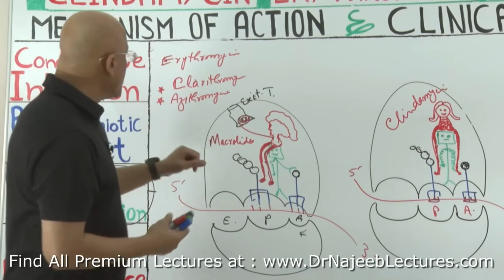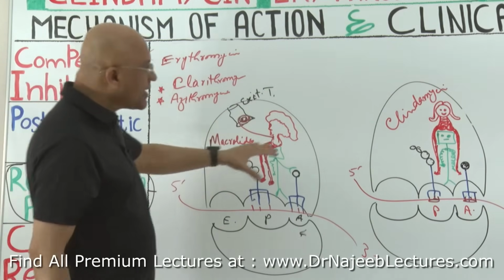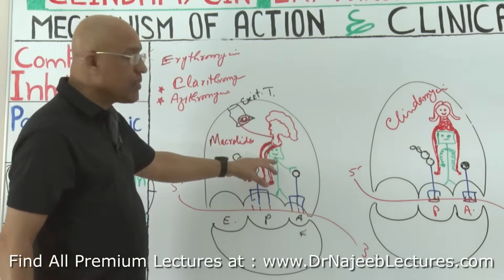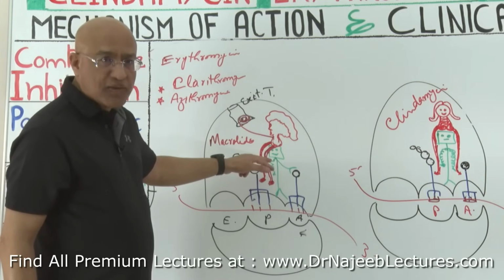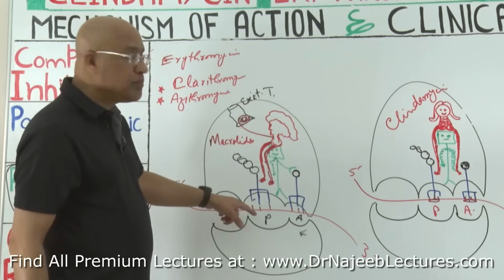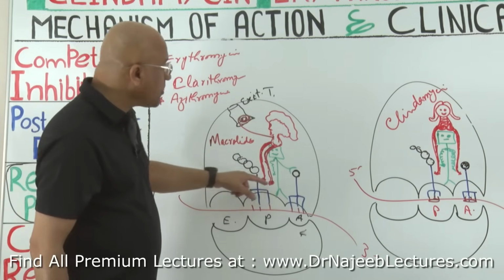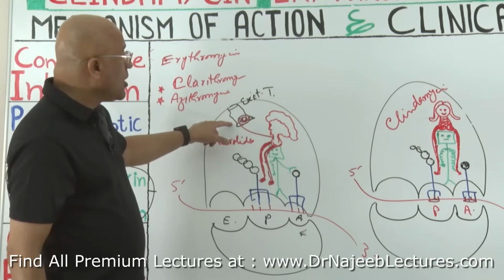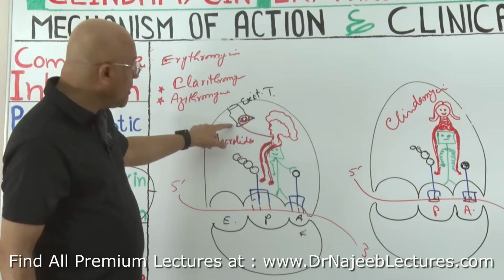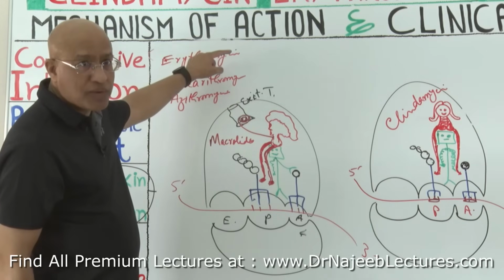Right? Now, we can say that macrolide or erythromycin, even though like clindamycin they work on the peptidyl transferase, they mainly interfere with the P site, so they lead to failure of transpeptidation, and they also block the exit tunnel from where the newly formed peptide chain will eventually go out.